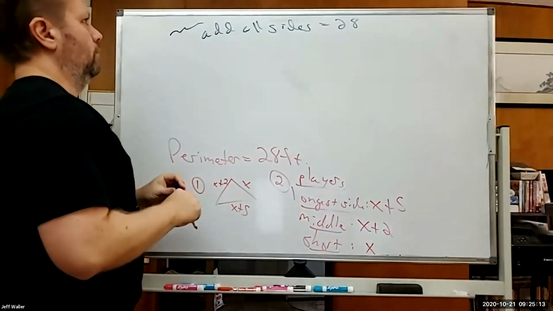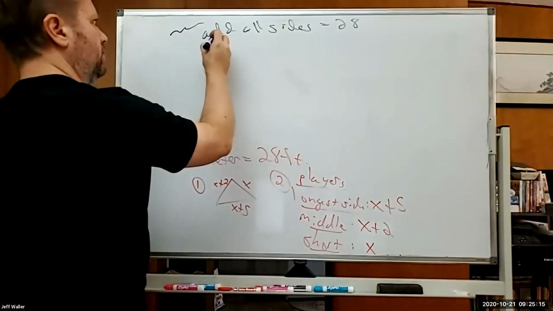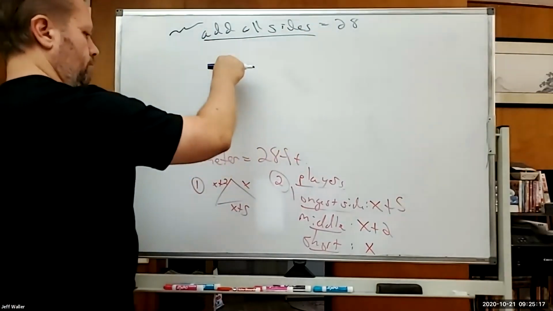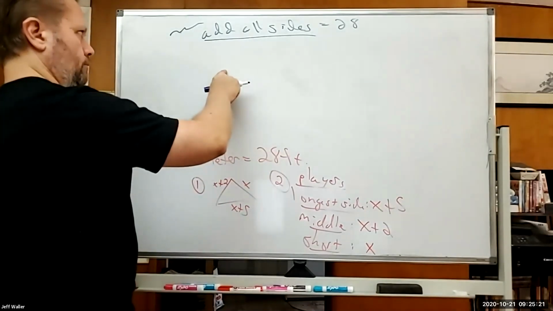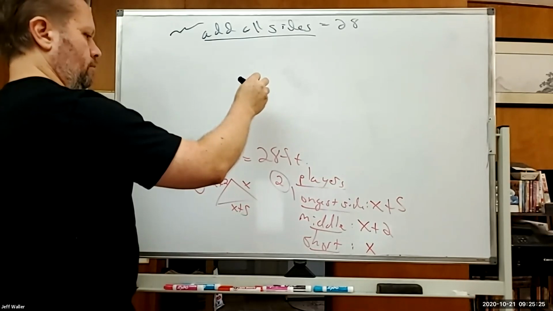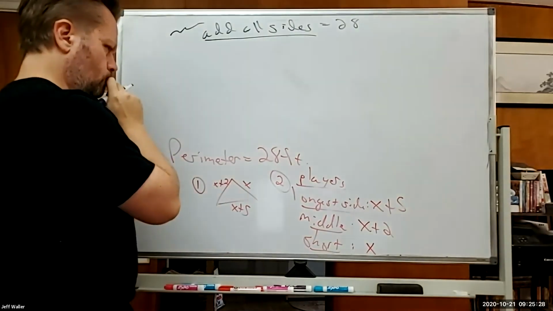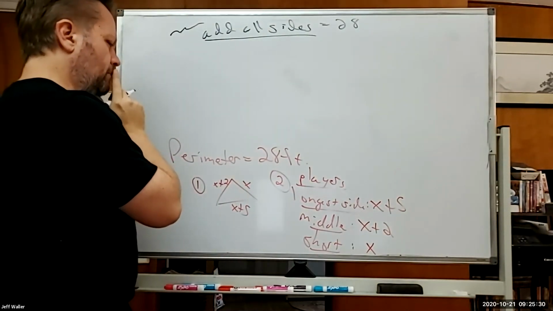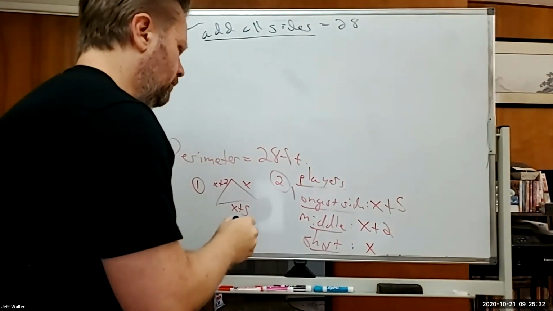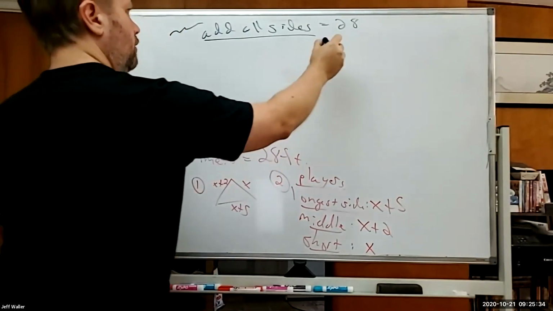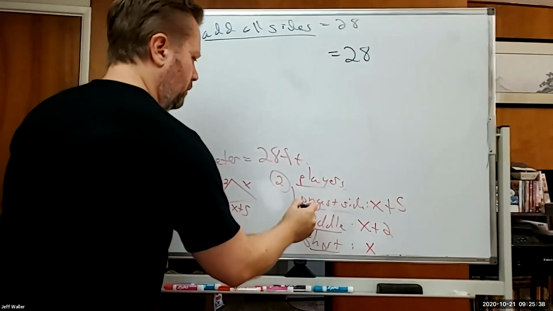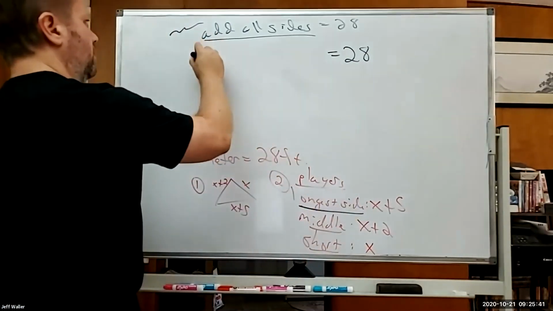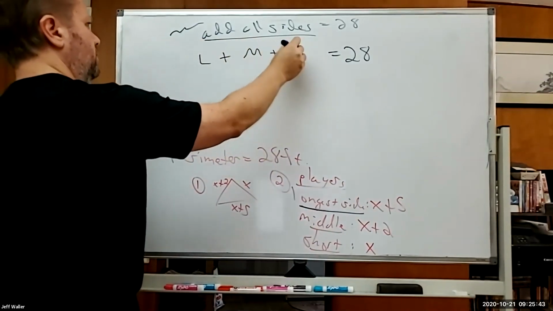If you add up all the sides, you get 28. So what does this look like? Add up all the sides. It's going to be the longest side plus the middle side plus the shortest side, right?